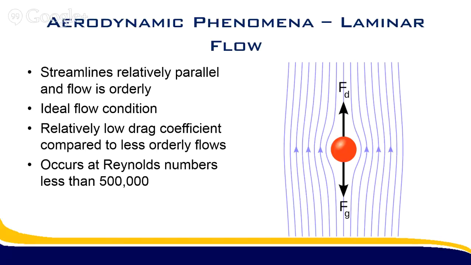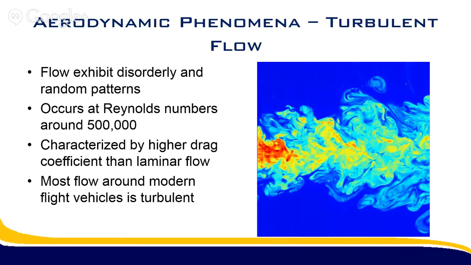What we end up seeing more often is turbulent flow, where you have Reynolds numbers over 500,000, give or take. And basically, in turbulent flow, you have very disorderly and kind of random flow in your boundary layer, that thin region next to the body that's moving through air.